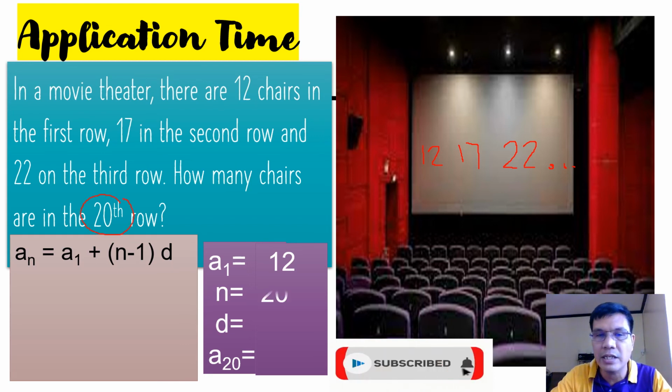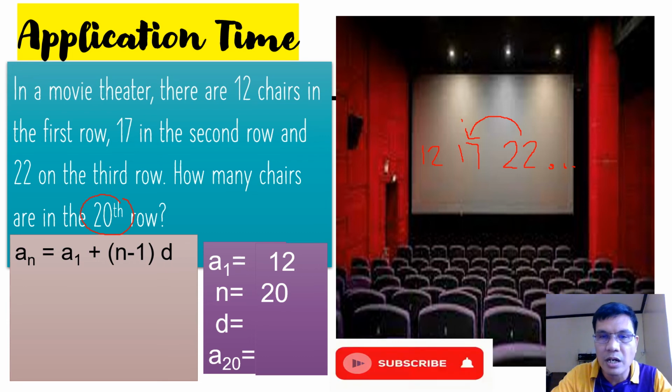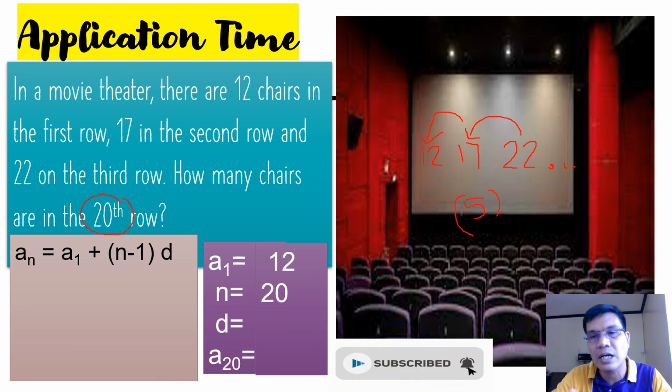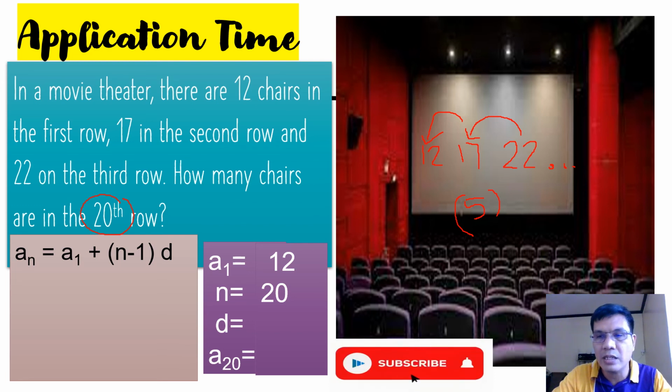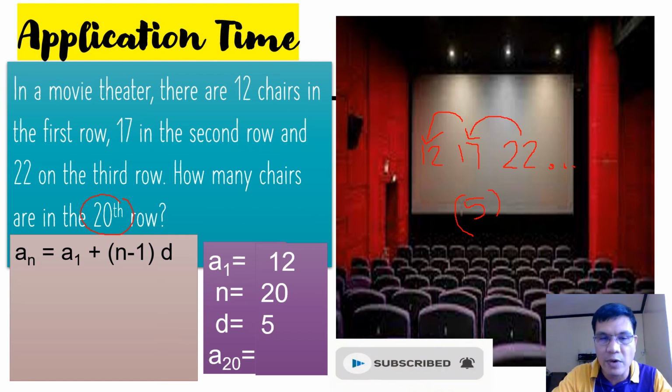So ang n natin is 20. And let us see what is the common difference. 22 becomes 17. 17 becomes 12. So our common difference is 5. Ayan, na-minus lamang natin sila sa 5 or nag-add tayo ng 5. So at our D is 5.